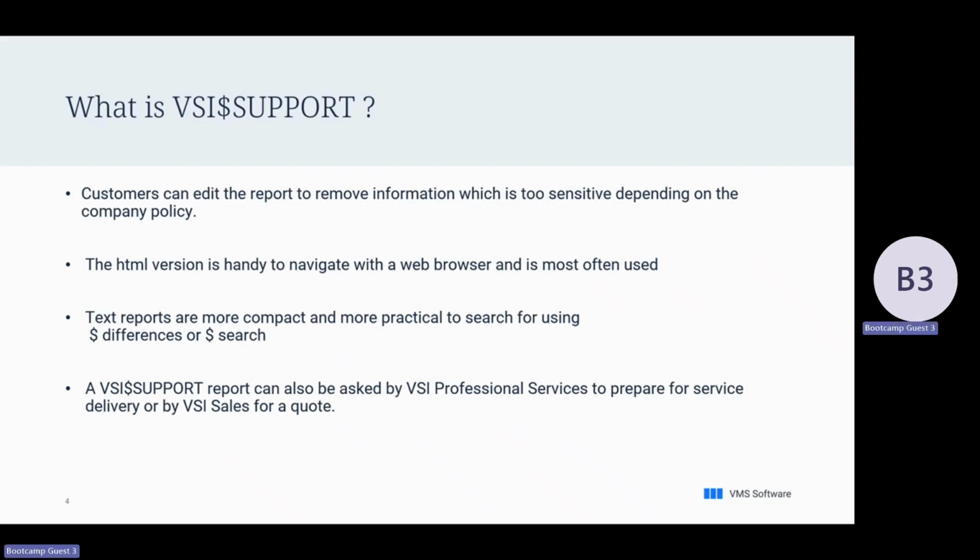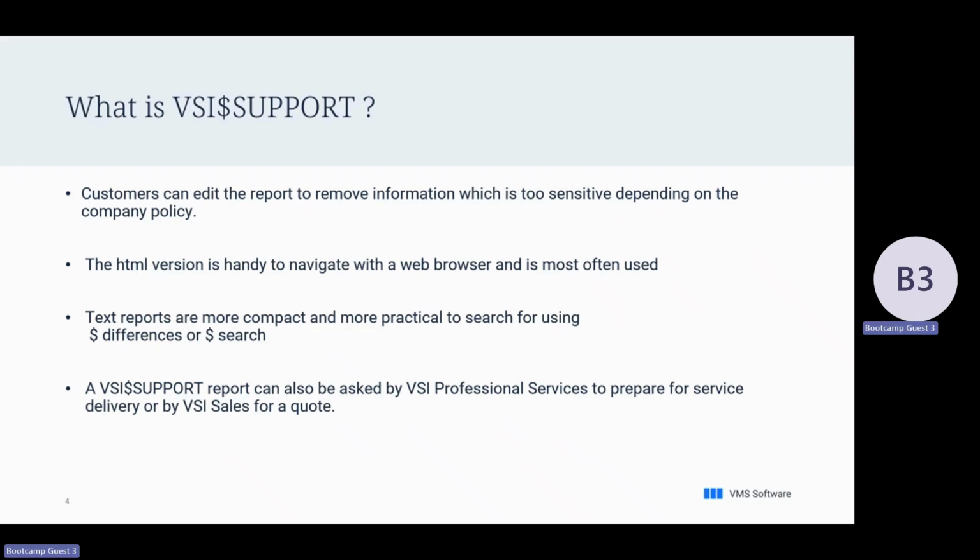Some customers don't want to send the information that they consider sensitive. Since it is HTML or text, they can easily edit it and remove the part they don't want to send. Sometimes it will take some time to do it, but okay, you can do that.